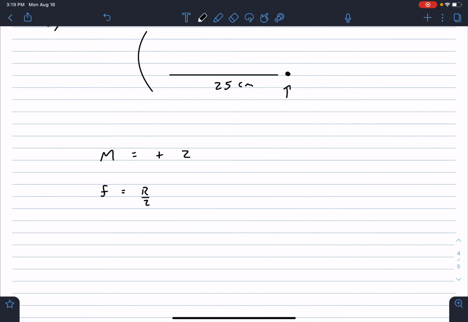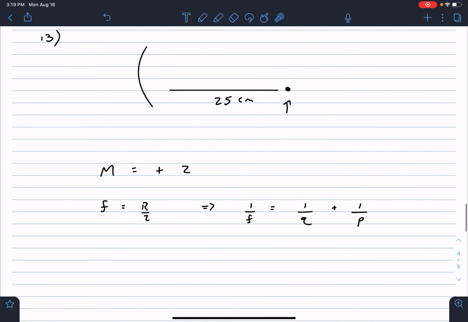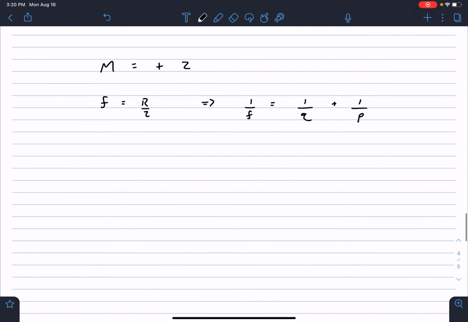In order to do that, we use our formula: 1 over the distance of the image plus 1 over the distance of the object is equal to 1 over the focal length, right? We know that the distance of the object, p, is 25 centimeters. We know what the magnification is, and in order to find q, we can use our other formula: m is equal to negative q over p.